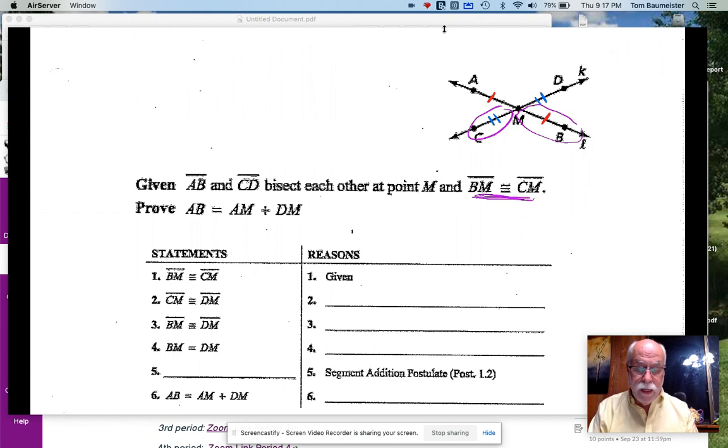Now we have that line segment CM is congruent to line segment DM. Again, I marked those. And what is our reason? Okay, they are what? They're segments and they bisect. So on the second one there, our reason is going to be definition of segment bisector.